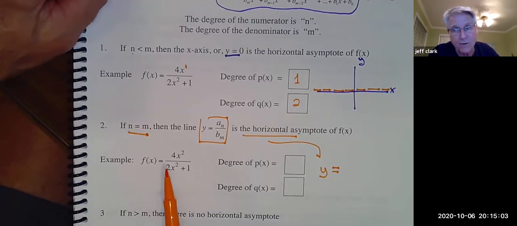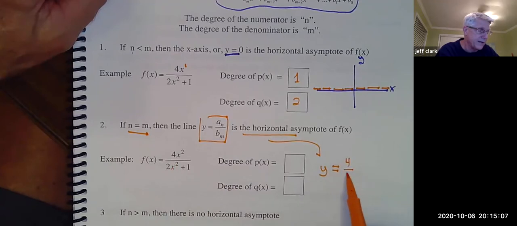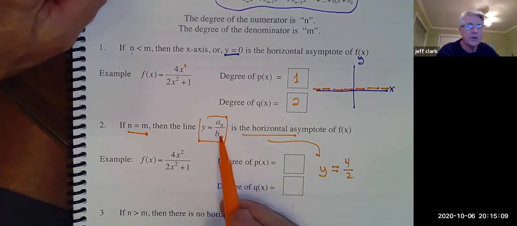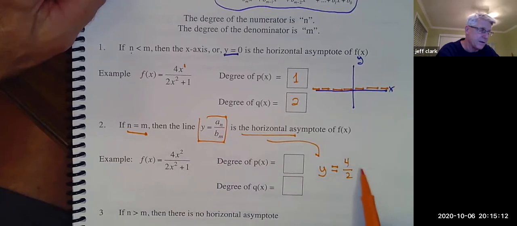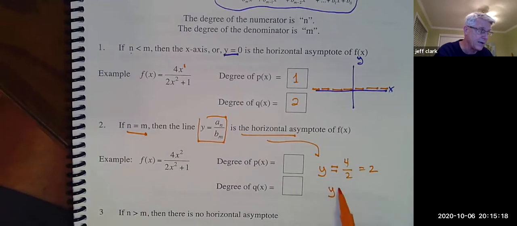So this would be 4 divided by 2. The ratio of leading coefficients, 4 over 2, or 2, is the horizontal asymptote. Y equals 2 is the horizontal asymptote.